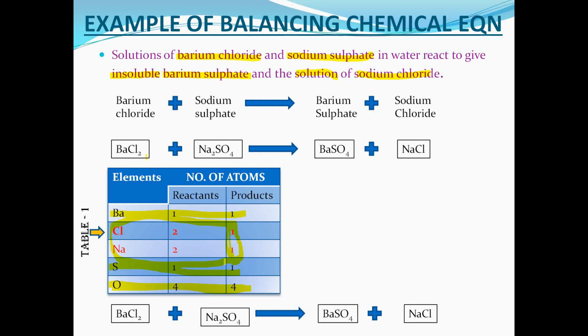What change will we make? We have to increase the number of sodium and chlorine both. We have to make it 2. So we will multiply this complete compound by 2. Now again let us check how many total atoms of different kinds are there in the reactant and product.